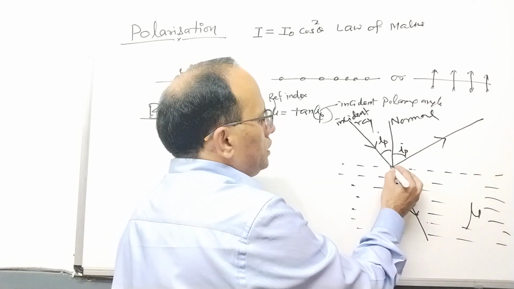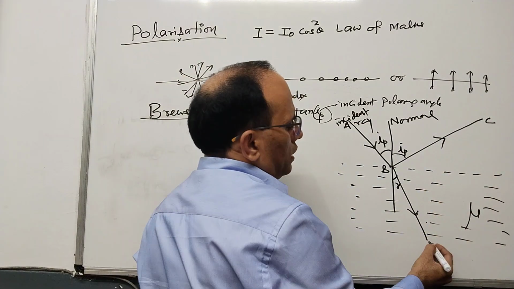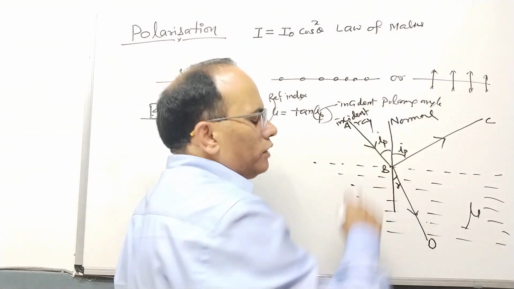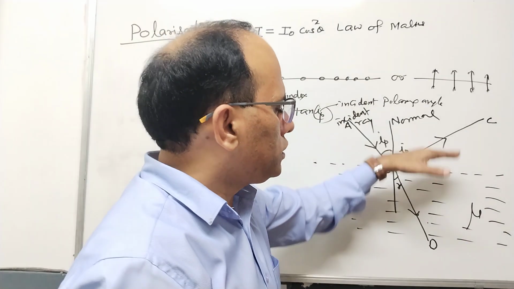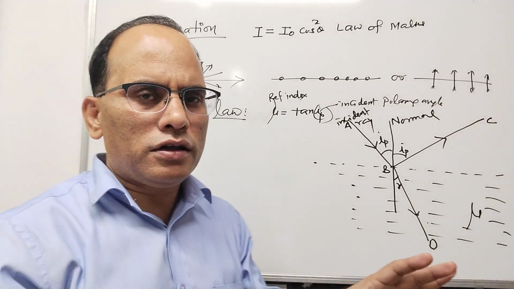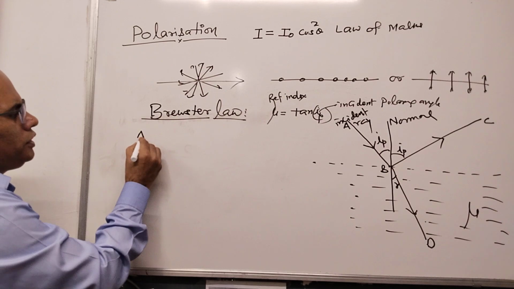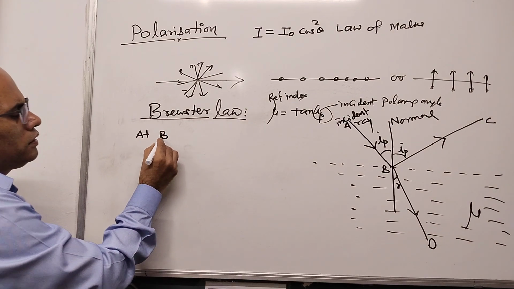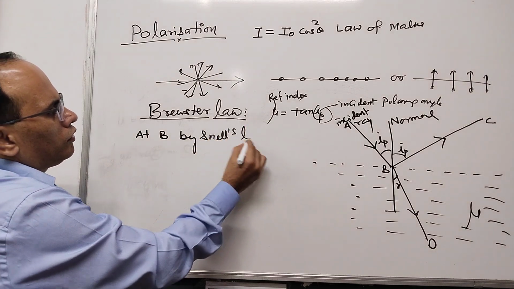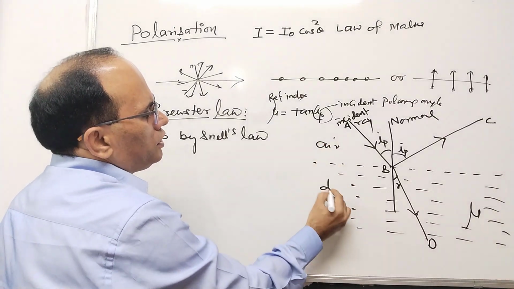Now see the points, you can put A, B, C and D. These are points, and this is the line that divides the two media, the interface line. So let's apply Snell's law at point B. By Snell's law, this is the air medium, this is the denser medium.